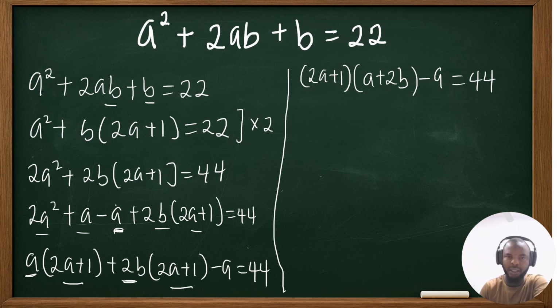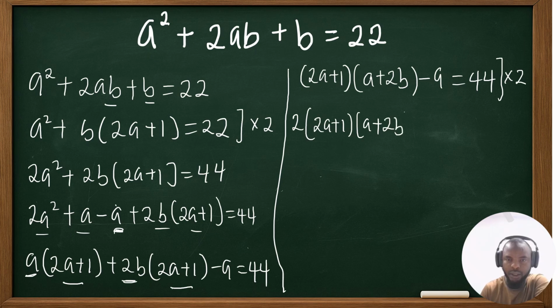From here, the next thing to do is multiply this given equation again by 2. So we're going to have 2 into bracket 2a plus 1, a plus 2b, minus 2 times a, which is 2a, equals 88. So here, subtract 1 from both sides.